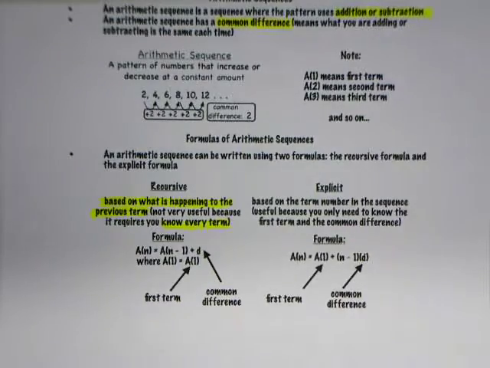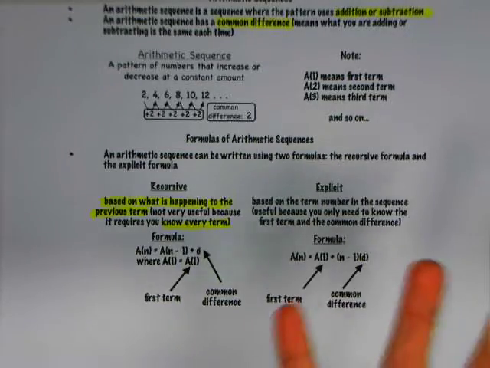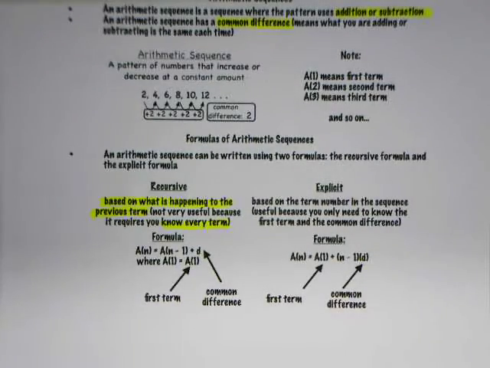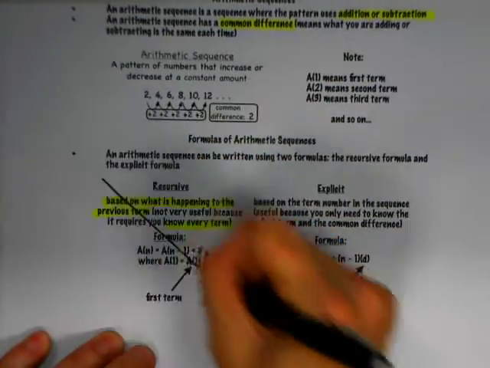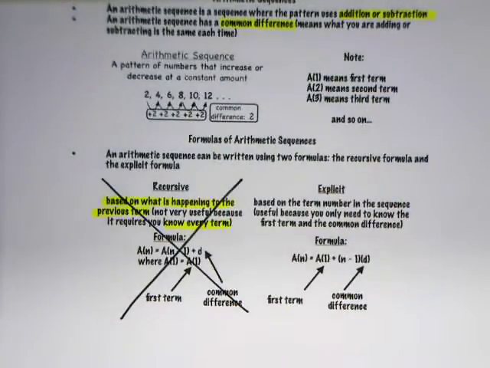If I want the 99th term, this formula says take the 98th term and do this to it. So it requires that we know the term that comes right before it in order to get what we want. This one's not super useful, so know that it exists, but we're not going to use it, okay?